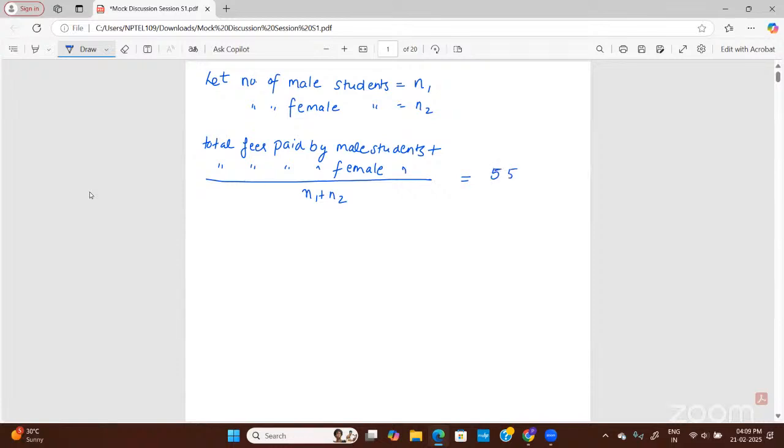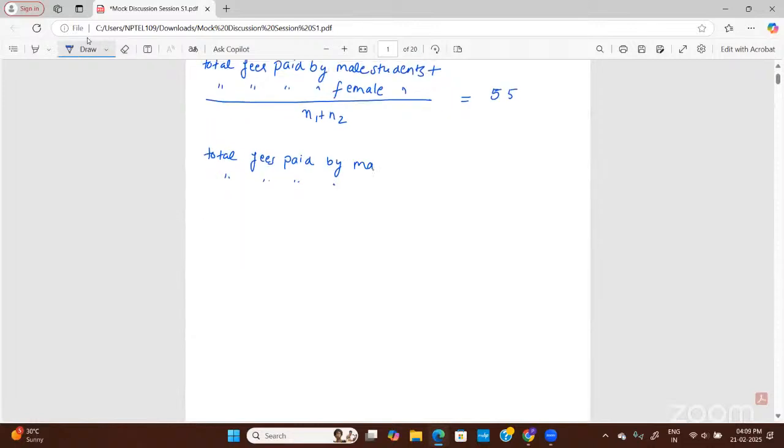From here we can get the total fees paid by male students plus female students, which should be equal to 55 into N1 plus N2.